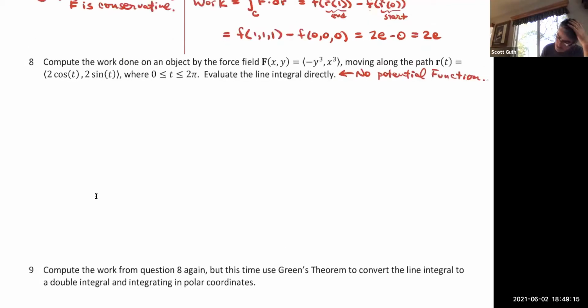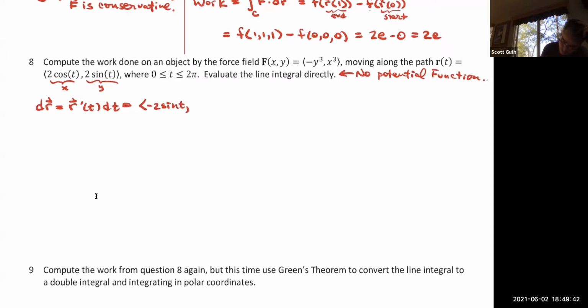What we need is dr. So x is 2 cos t, and y is 2 sine t. dr is defined as r prime of t dt. So r prime will be negative 2 sine t, then 2 cos t, dt.